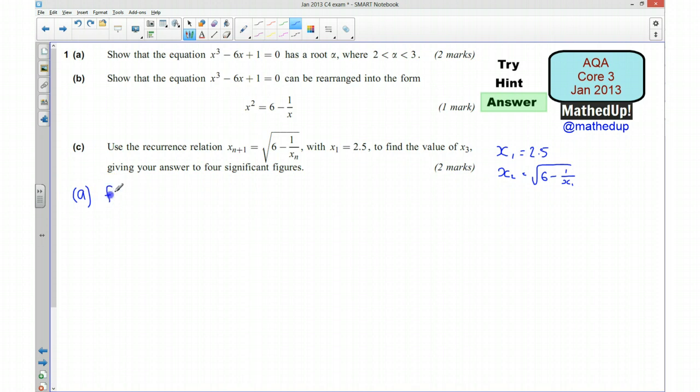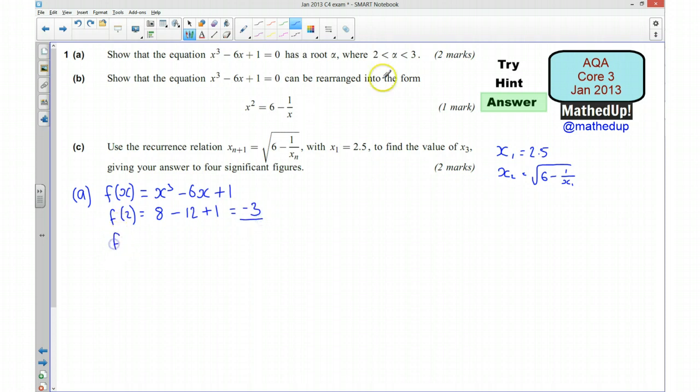So I'm going to say that f of x is equal to x cubed take away 6x plus 1, and now we're going to put 2 into this function, so I can say that f of 2 is going to be equal to 2 cubed, which is 8, take away 6 times 2, which is 12, plus 1, and that's going to give me a negative 3.